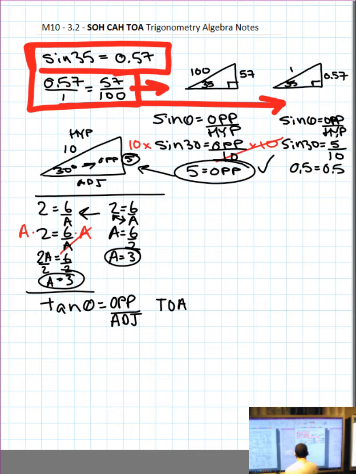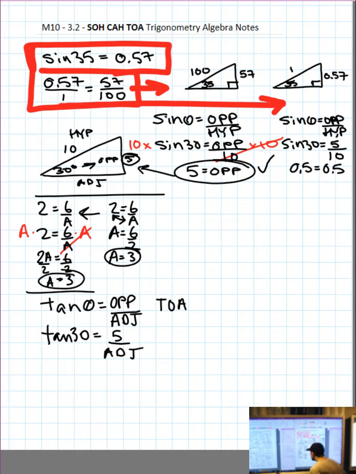Now I'm going to substitute into the formula. Tan theta equals, we have the angle, it's 30. Tan 30 equals opposite over adjacent. Now we have the opposite. It's 5 over the adjacent.